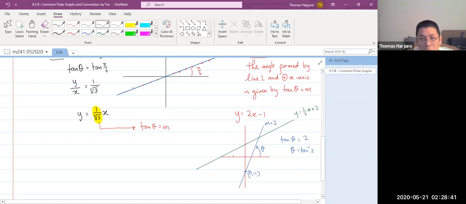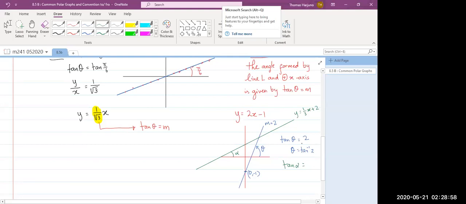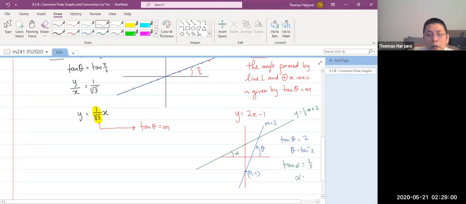Let's call this angle alpha. Tangent alpha equals 1/3, so alpha is tangent inverse of 1/3.